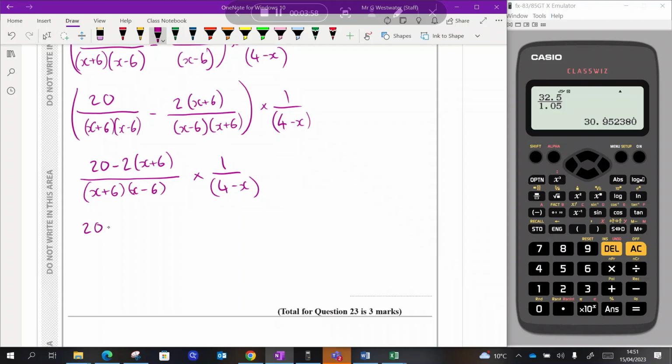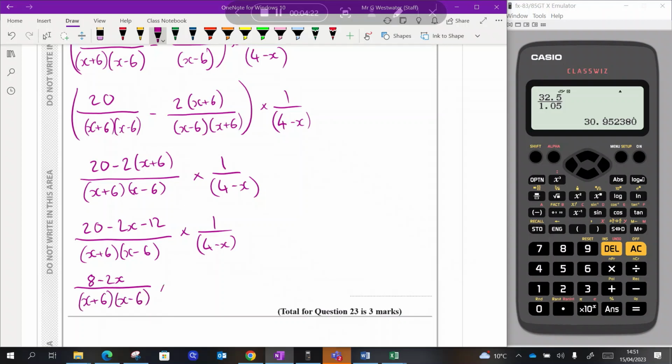So 20 minus 2x and then minus 12 over x plus 6, x minus 6 times 1 over 4 minus x, so 8 minus 2x over x plus 6, x minus 6 times 1 over 4 minus x.